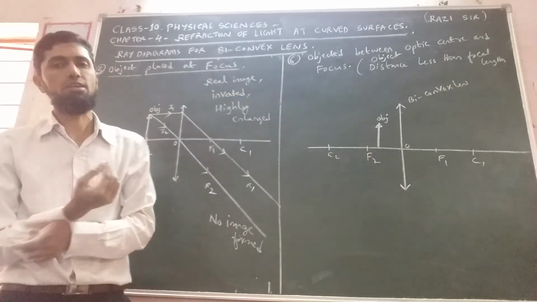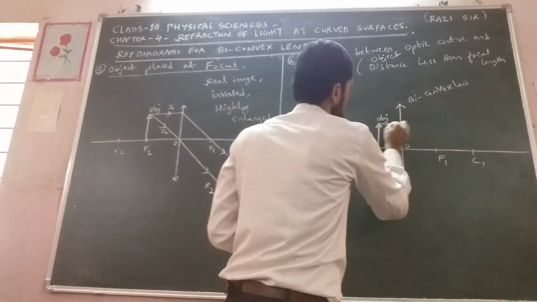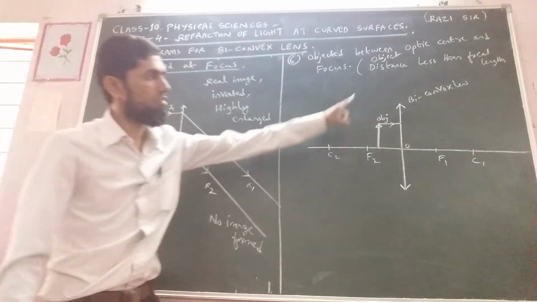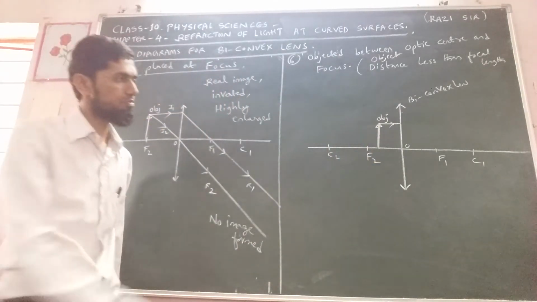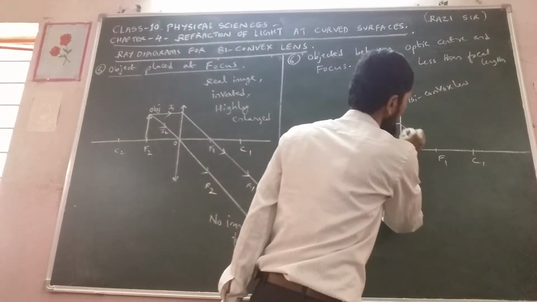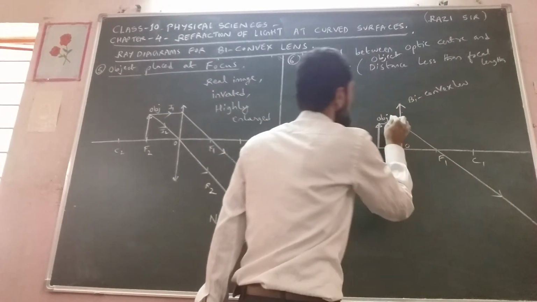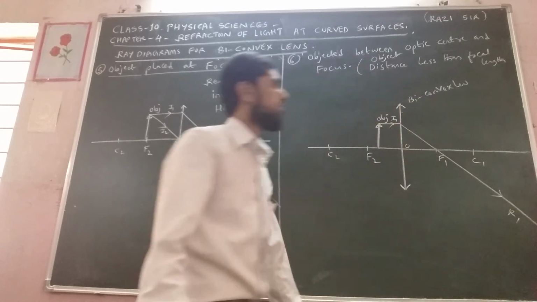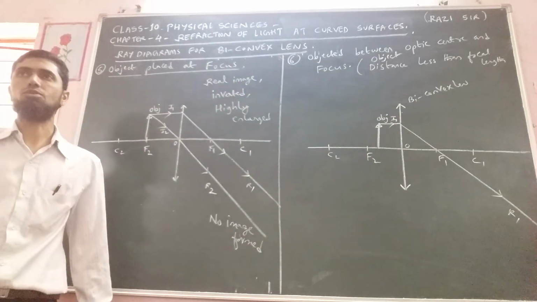So what is the behavior? First rule, a ray parallel to the principal axis after refraction through the biconvex lens will pass through the focus. Incident ray 1, refracted ray 1. Now coming to the third rule.